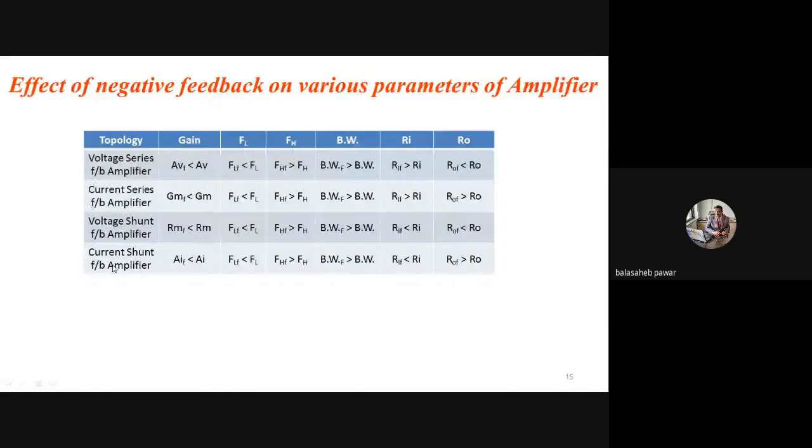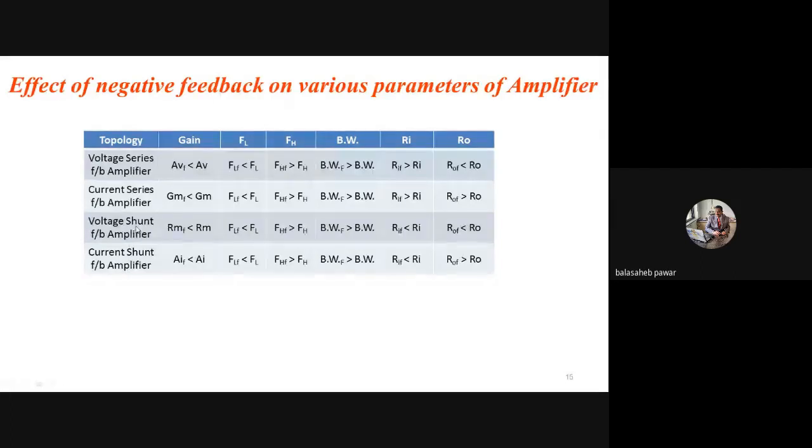Now one more thing to remember: in your syllabus only voltage series and current series analysis is given. That means you only have to study in detail the voltage series and current series feedback amplifier. Voltage shunt and current shunt are not there, right? So no need to do the analysis part for the remaining two, voltage shunt and current shunt.